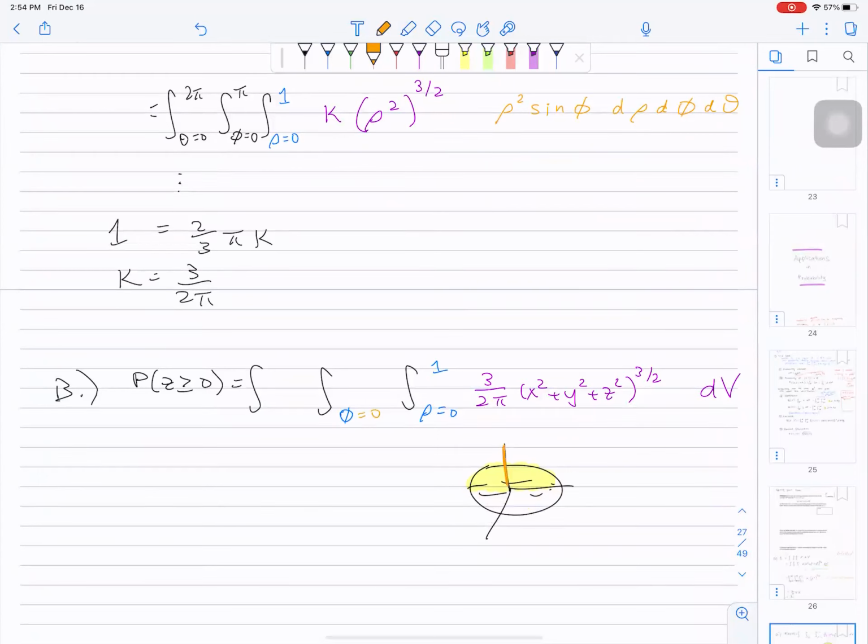But what's the maximum angle it can make with the positive z-axis so that I'm still in my region? Well, I can only go up to here, and that's an angle of pi over 2. If we had our entire sphere, that's why it goes all the way to pi, exactly 180 degrees. Our theta, we don't have any limit, so 0 to 2 pi.